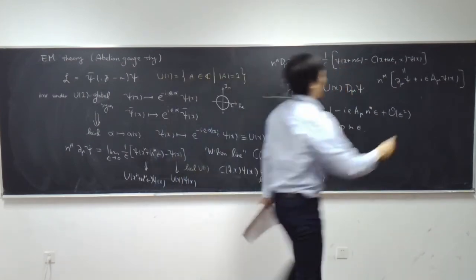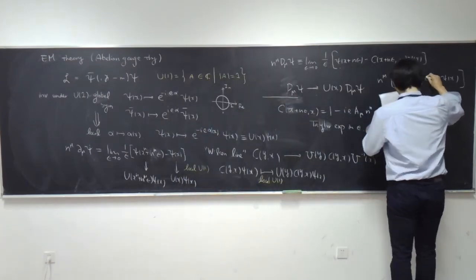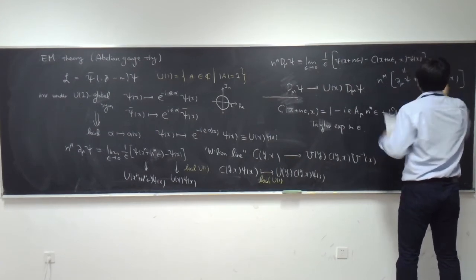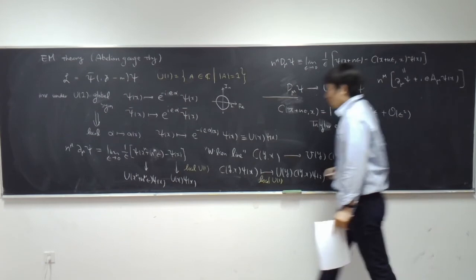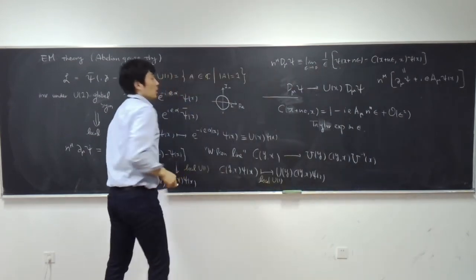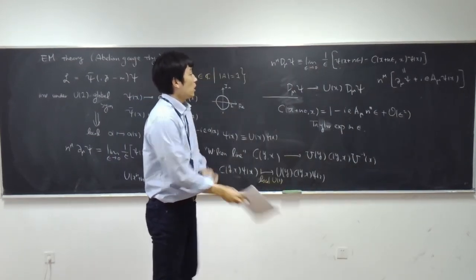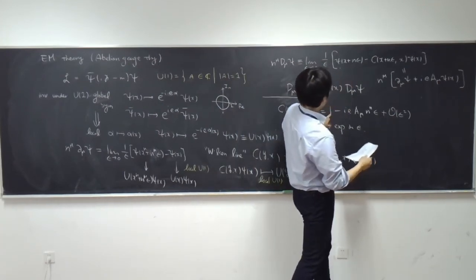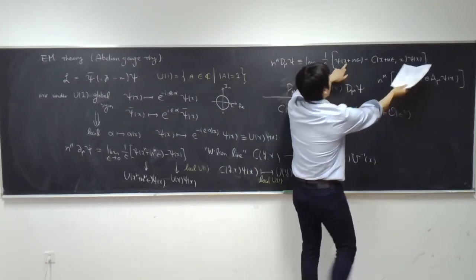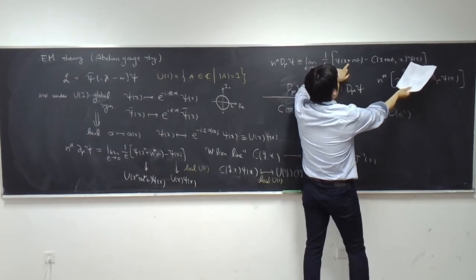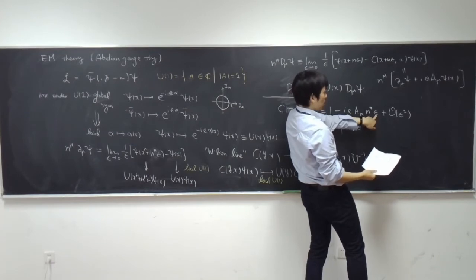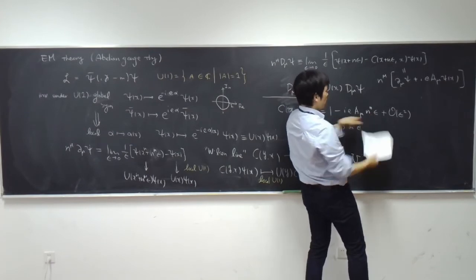Oh my god, sorry, this is e. As you can easily see, if you plug this in, take the derivative, and epsilon goes to 0, you get the derivative, but the term linear in epsilon gives you the second term.